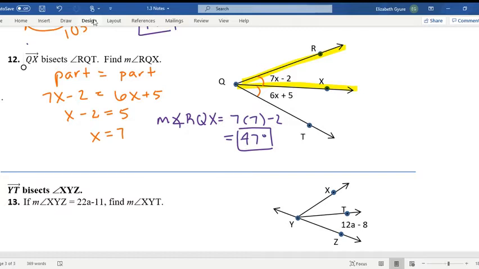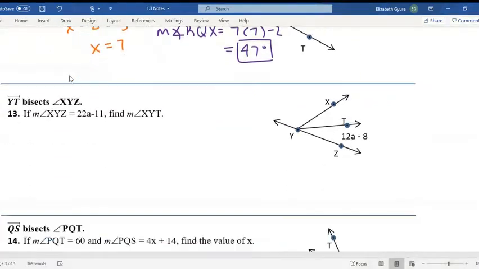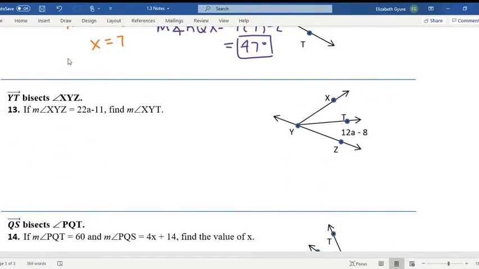Okay. Next one. And each one of these is a little bit different, so I just want to make sure we see a few different scenarios. This says ray YT bisects angle XYZ. If the measure of angle XYZ equals 22A minus 11, find the measure of angle XYT.